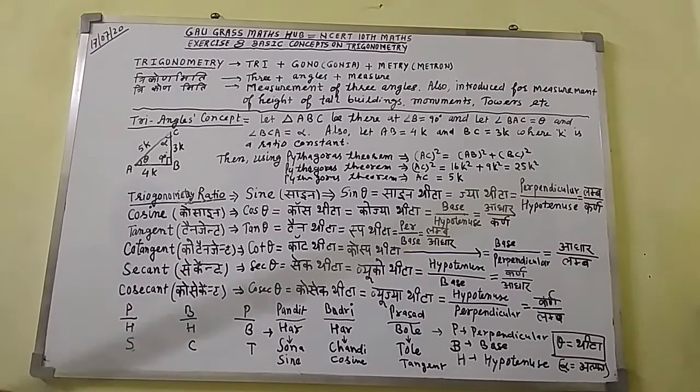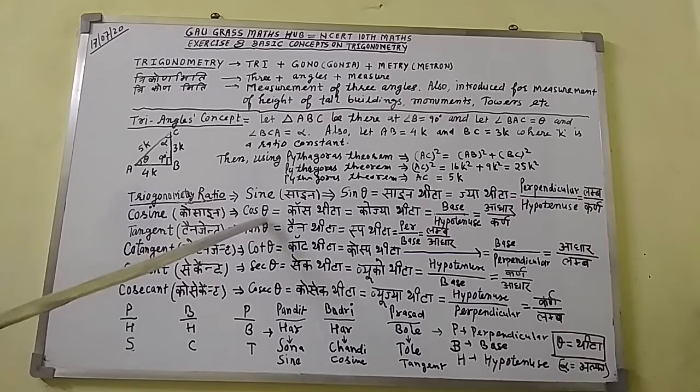Next, I have written cosine. In short form you can say cos theta. Theta is a measuring angle, and it is also a Greek letter.